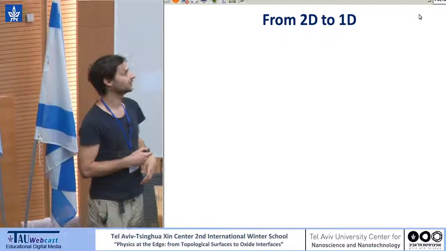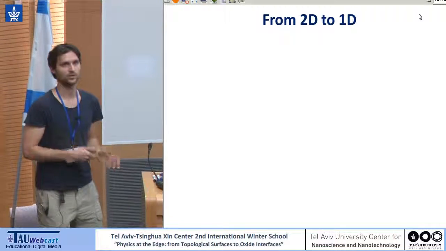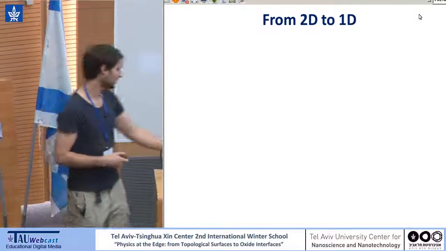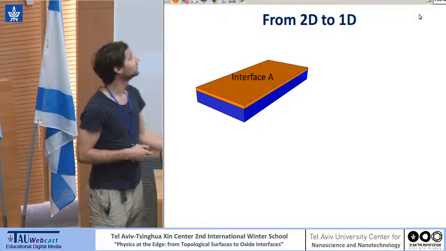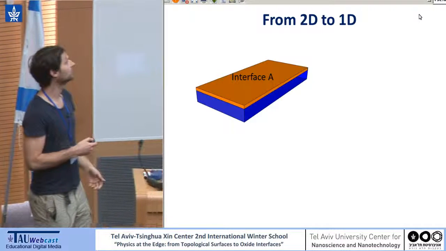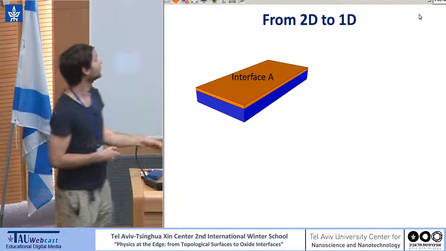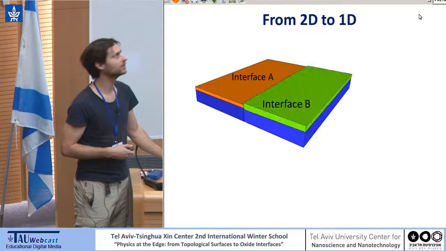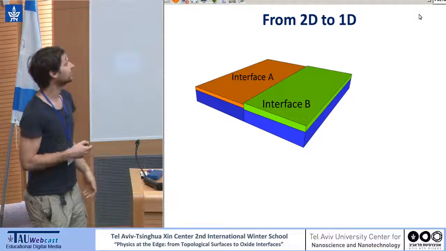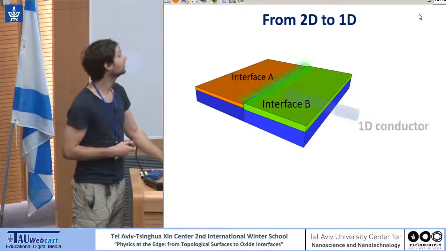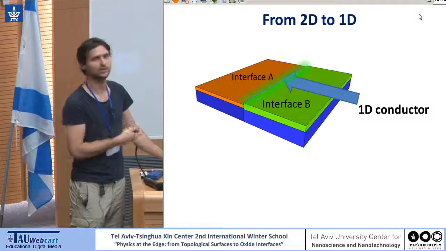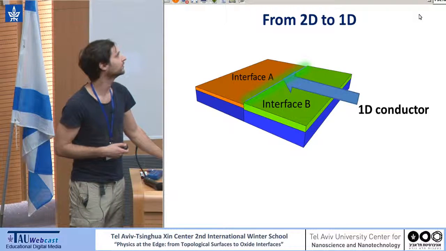Take two different 2-dimensional insulators and try to get a 1-dimensional conductor. So this would be one of them, we can call it interface A. It's an insulator. And we can take also interface B, which is also an insulator, and hope to get something like that, a 1-dimensional conductor between them.